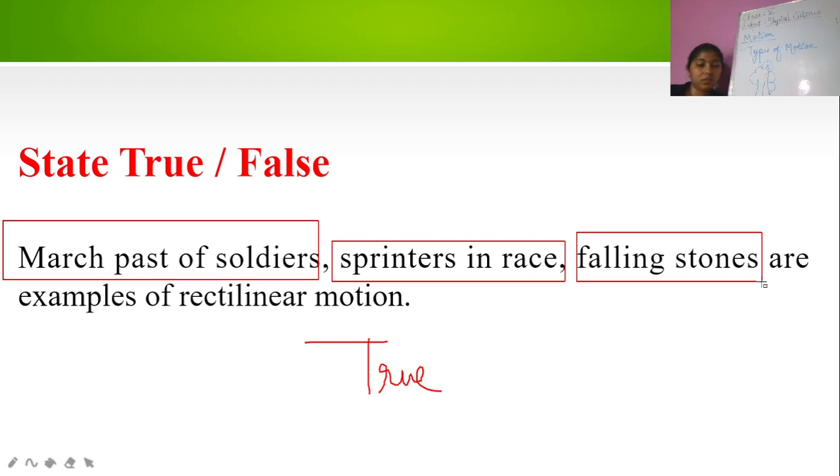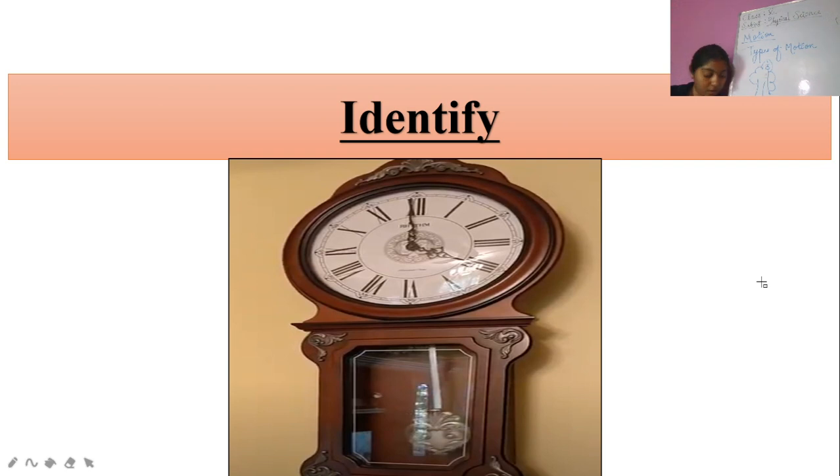Okay students, so let's come forward. Students, you have to identify the name of this. Yes, what is this? Yes students, very good. So basically this is a clock, right? But which kind of motion is the clock showing, students?